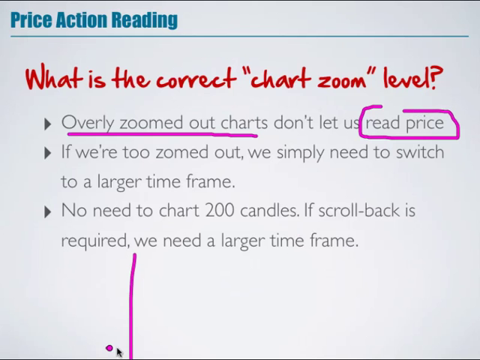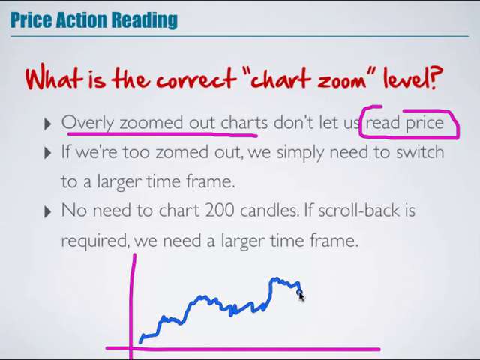If this is your standard chart, and you see that your individual price candles are so tightly compressed to each other that your chart looks like a line chart instead of a candle chart, where the individual candles are too compressed within each other so you can barely see them anymore, well, chances are that you are zooming out your charts too much, all right? And as a result, you won't be able to see the individual candles anymore.